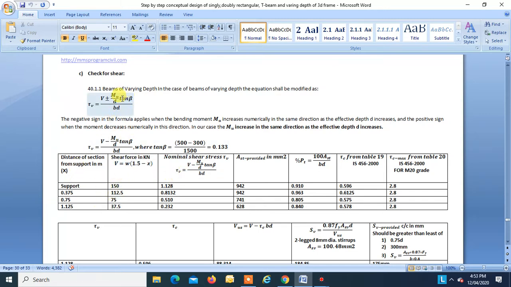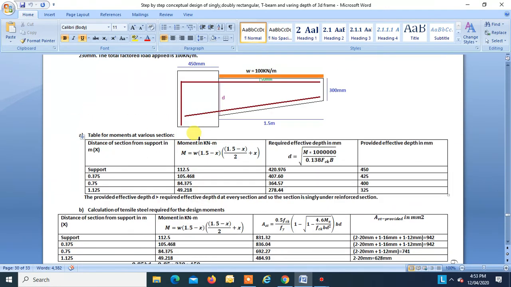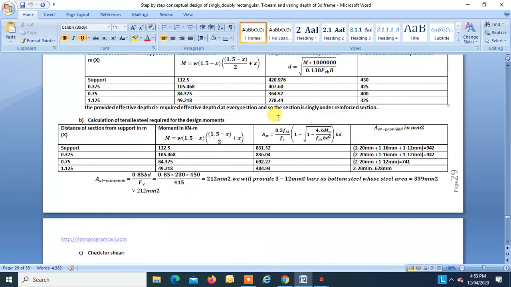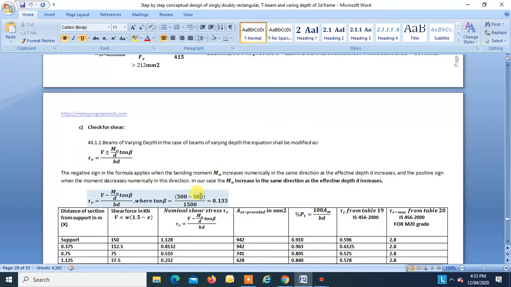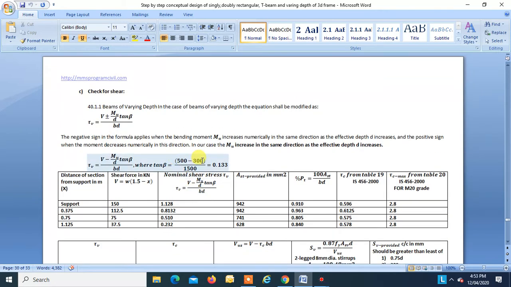Now tan beta, what is tan beta? Tan beta is the angle of inclination with the horizontal. We know this is 500, we know this is 300, so this is 200. So 200 divided by 1500 mm is equal to tan beta. 500 minus 300, that's 200, divided by 1500, that is your tan beta.